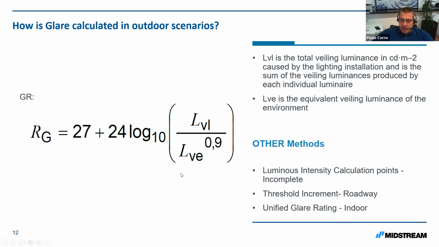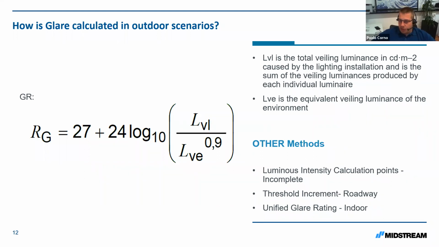And then the other factor here is the LVE, which is the veiling luminance of the environment, which is basically what's going to be behind or around the lighting system that I'm evaluating. And of course, you can imagine from the formula that the bigger this distance here, so the bigger the contrast between my background and my lighting is, the higher my glare rating will be.